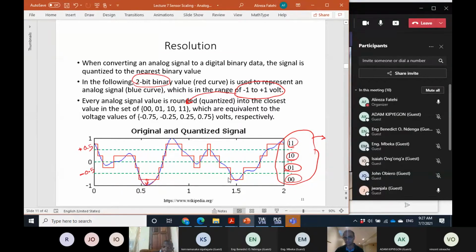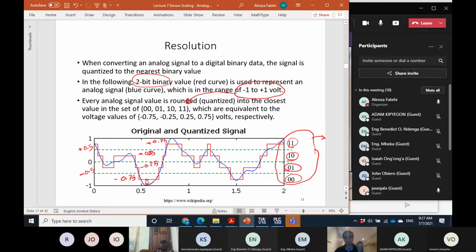This red signal means that any value between -1 and -0.5 is represented by -0.75. Any value in this range is represented by -0.25. Any value in this range is represented by 0.25, and any value in this range is represented by 0.75.